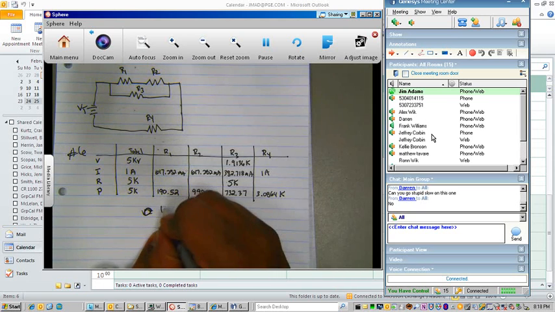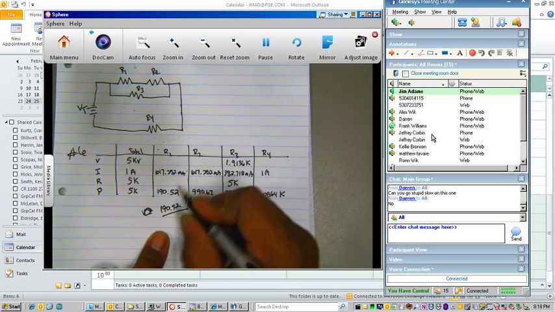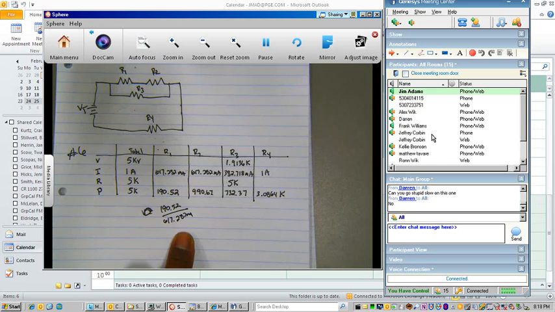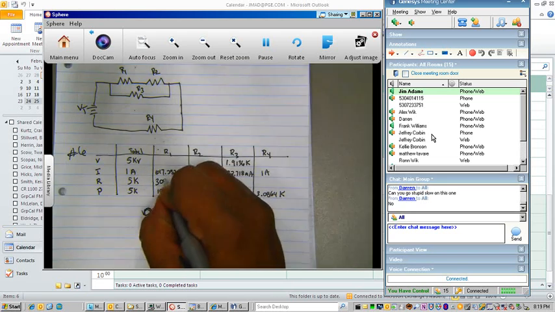Our total current is 1 amp, and with 382 milliamps going through R3, how much is going through R1 and R2? 617.282 milliamps.